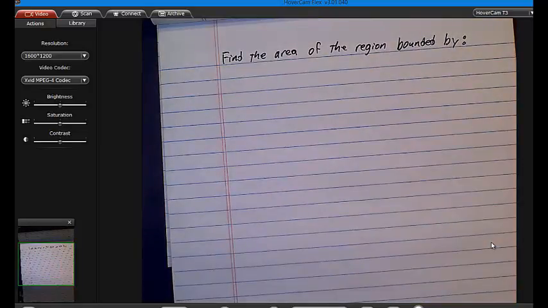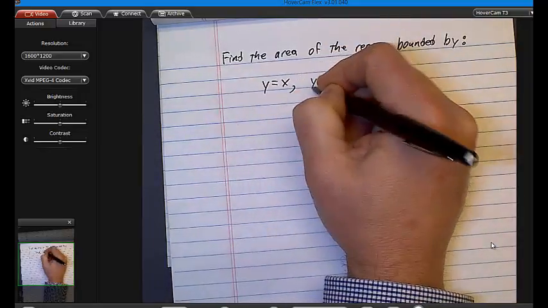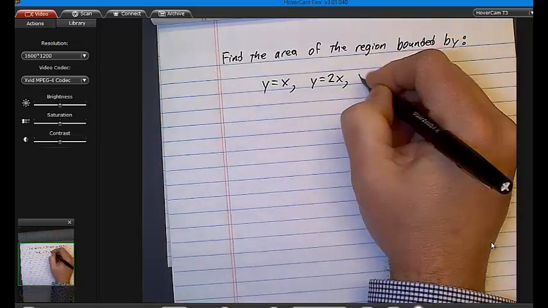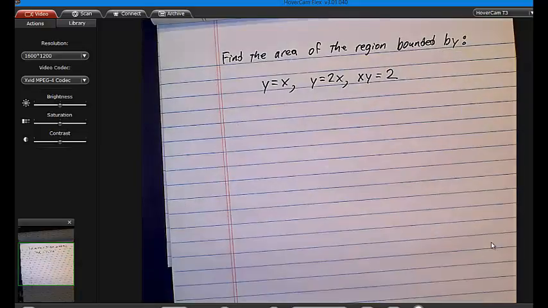So let's look at, well, y equals x, y equals 2x, and x times y equals 2. The first two equations are lines.